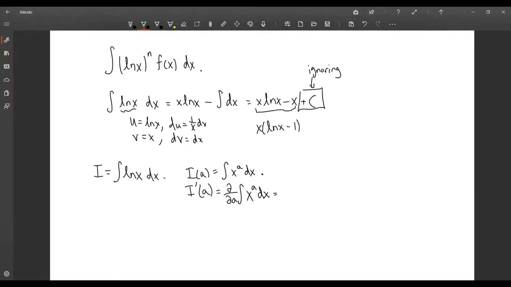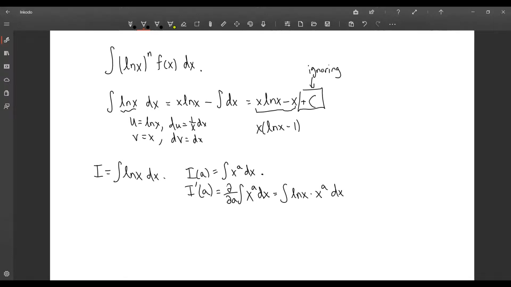The derivative of x to the a with respect to a is ln of x times x to the a dx.